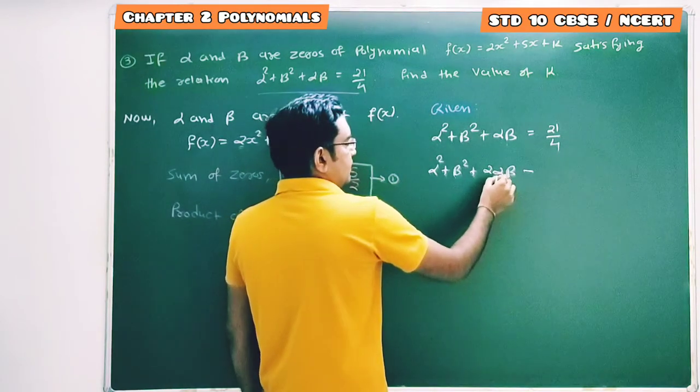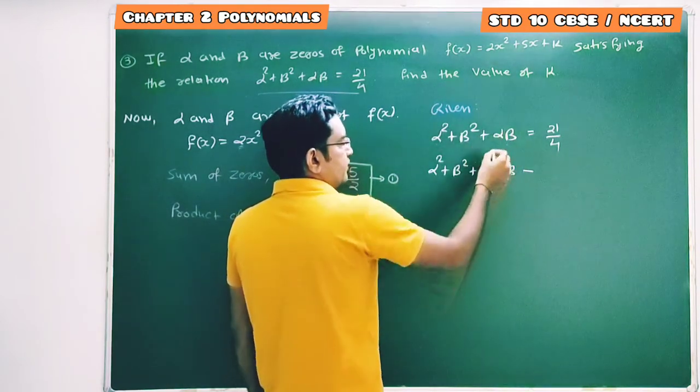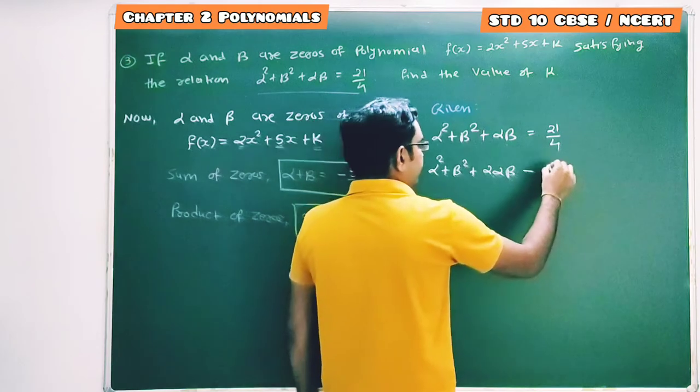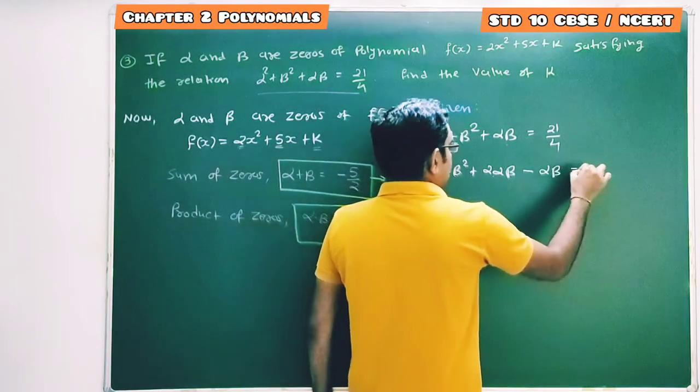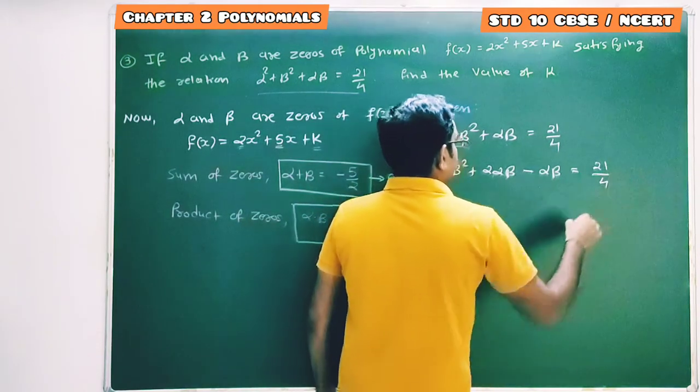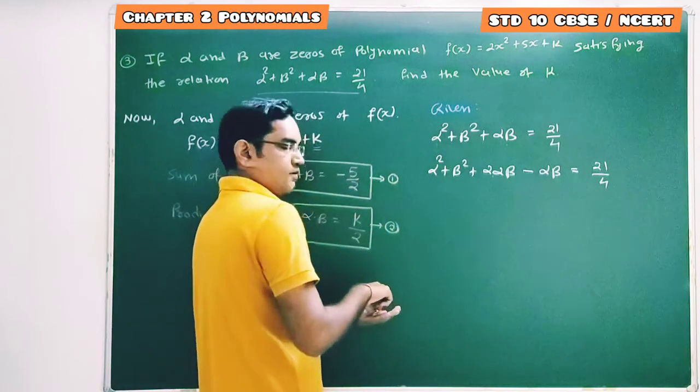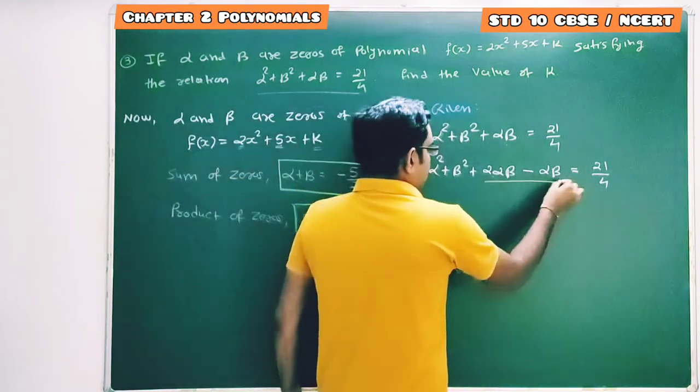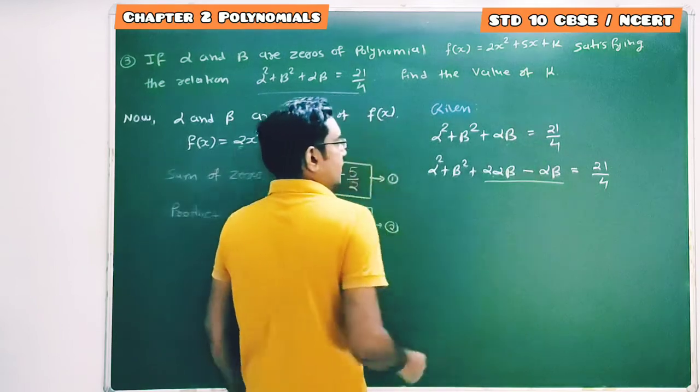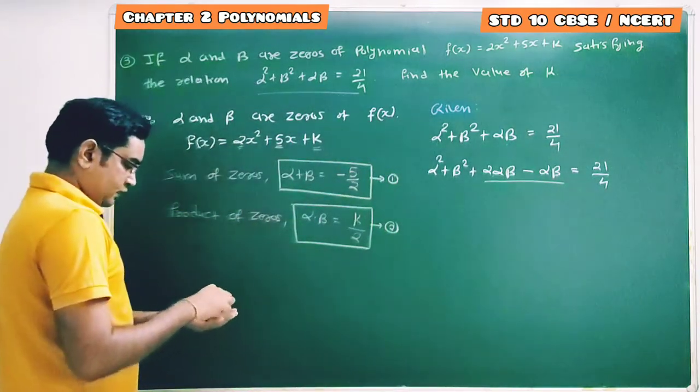So 2 alpha beta, actually we are given alpha beta, so again we have to subtract 1 alpha beta, so this is equal to 21 by 4. Clear students? Clear है? 2 alpha beta को replace किया 2 alpha beta minus alpha beta. ऐसा क्यों किया?